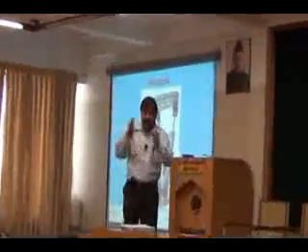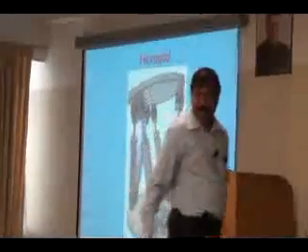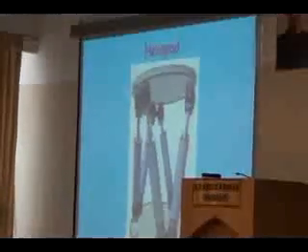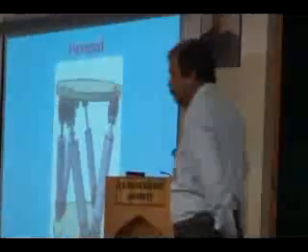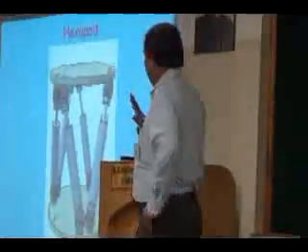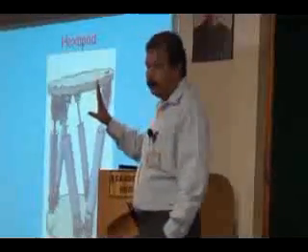At each point we have 2 actuators originating. An actuator originating at one particular point is connected to the other 2 points. Similarly, we have a top plate which is moving. The bottom plate is essentially fixed. The top plate is moving. This is a hexapod.